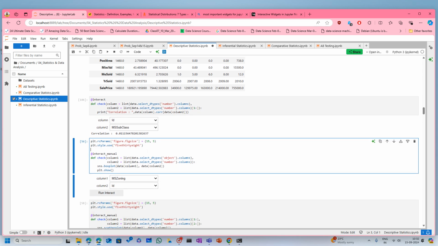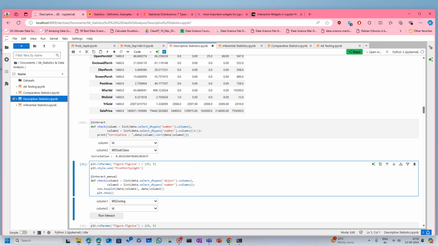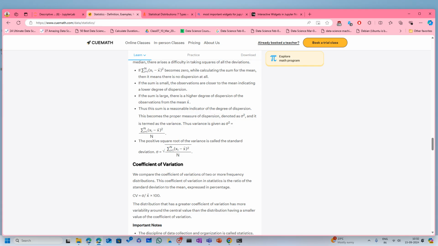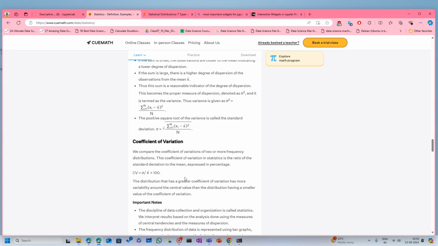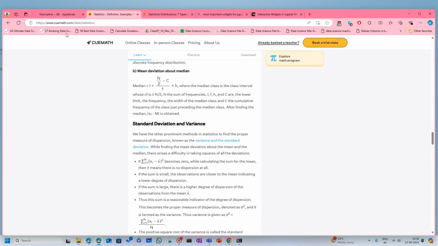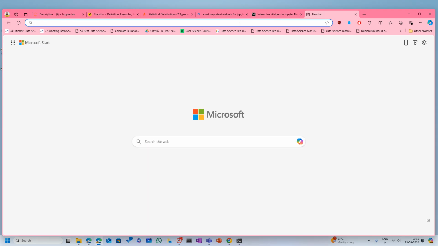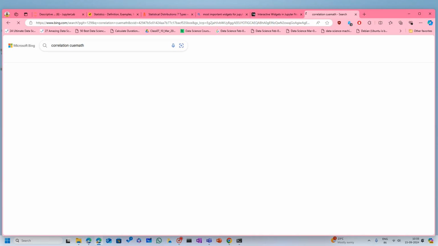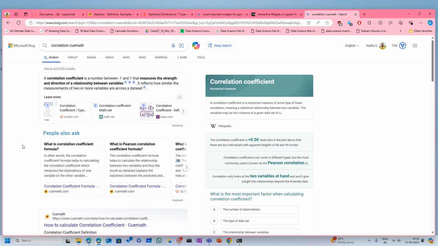So if you want to do a simple correlation, now what is correlation? Correlation is nothing but two different columns having some sort of common pattern they exhibit.